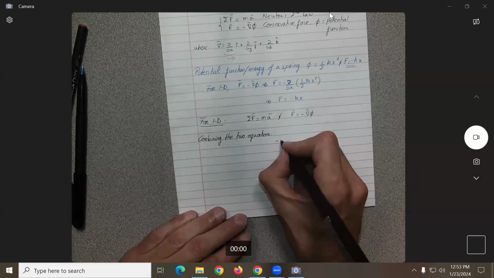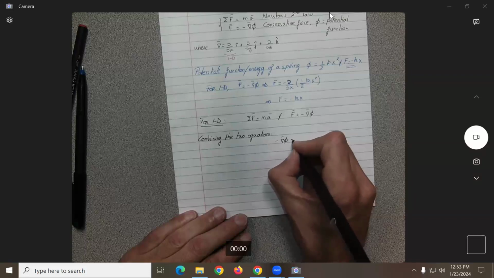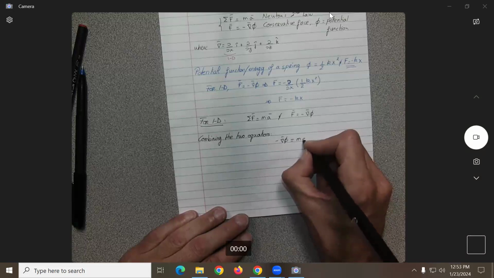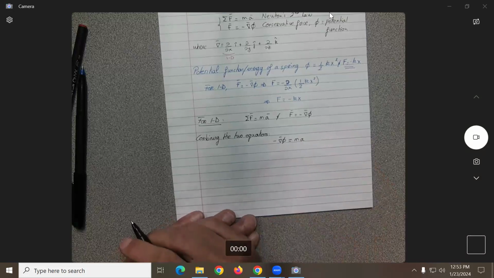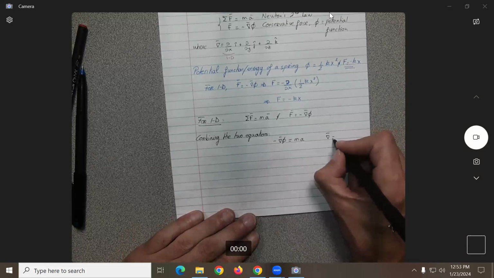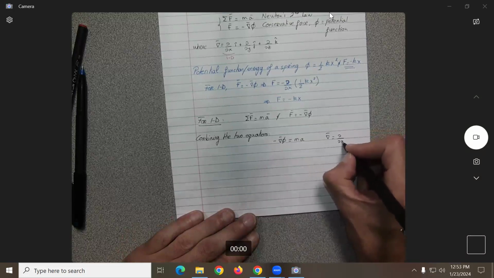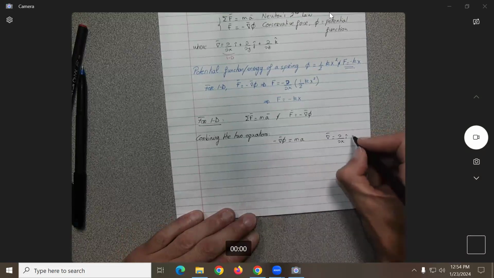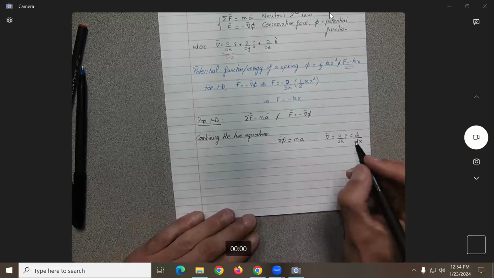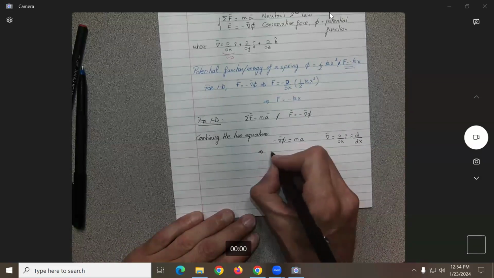I get minus gradient of phi will be equal to ma. Okay, remember this is 1D, so the gradient is equal to d/dx, okay? To simplify.